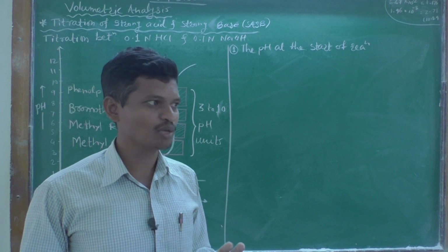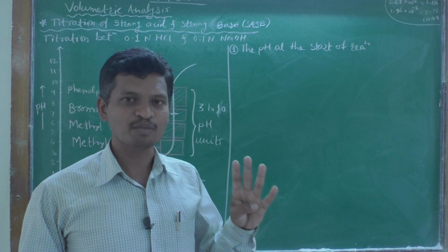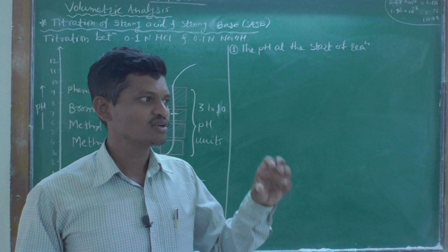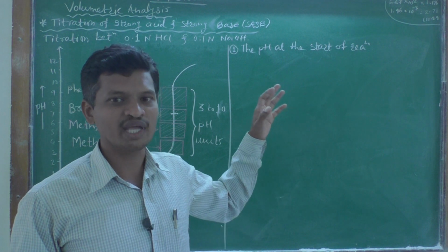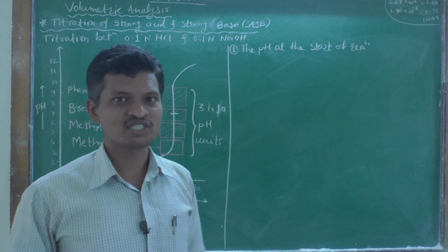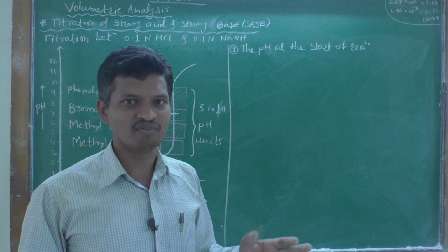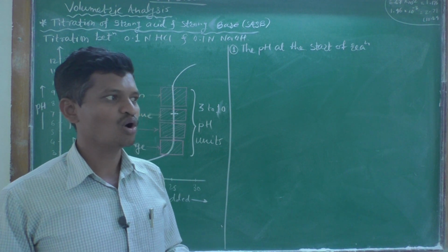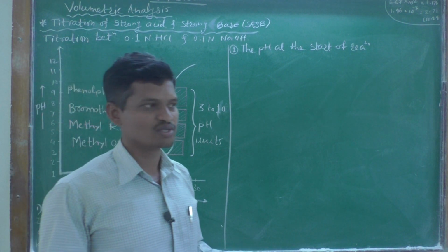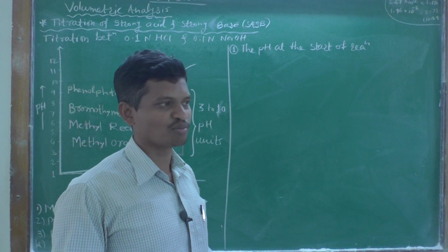Remember well, only 3 to 4 calculations are sufficient for the pH values of any titration curve, whether it is strong acid, strong base, weak acid, strong base, anyone. No need to calculate all the pH values, because it is time consuming and it's a long answer type of question.